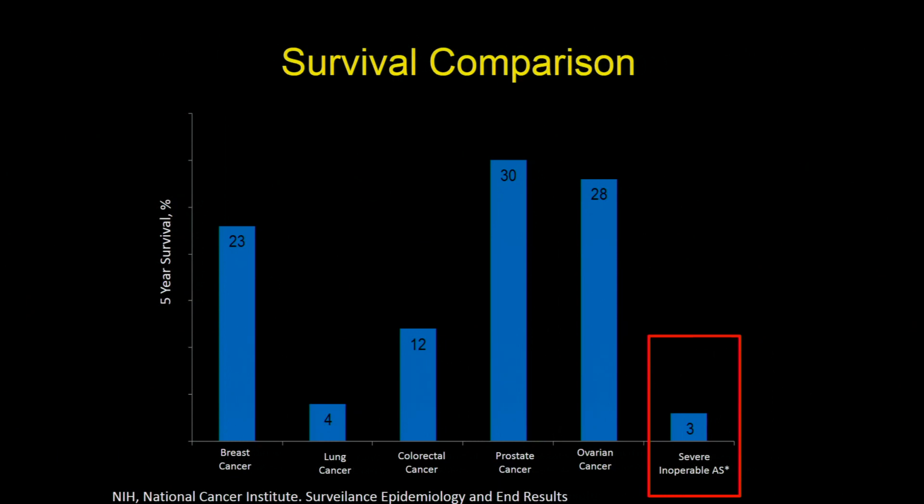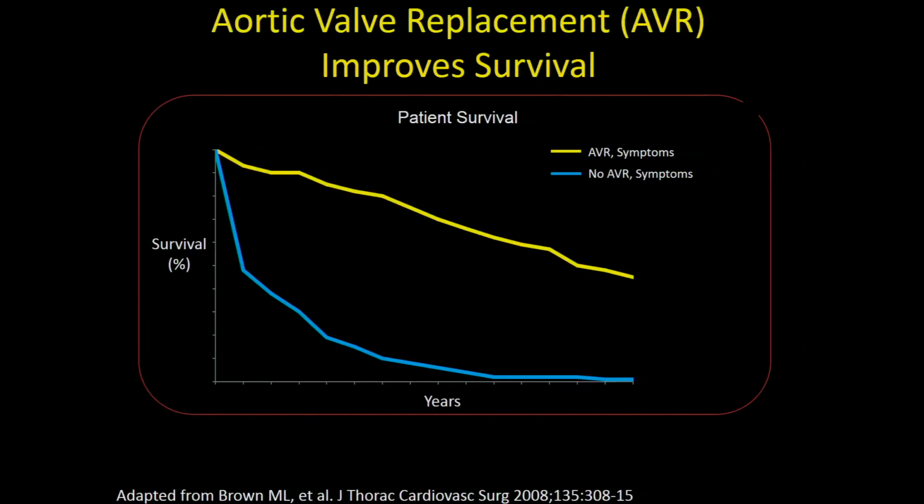So it's a pretty significant problem for our patients. Luckily, for many decades, we've known that aortic valve replacement surgically improves survival. If you look at this graph, the yellow curve are patients who have had their aortic valve replaced, compared to the blue curve here, which are patients that are unoperated.